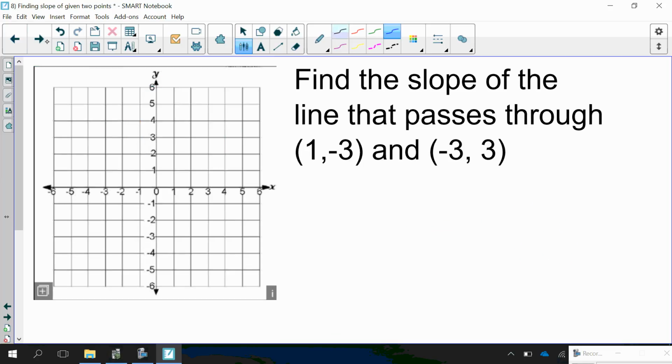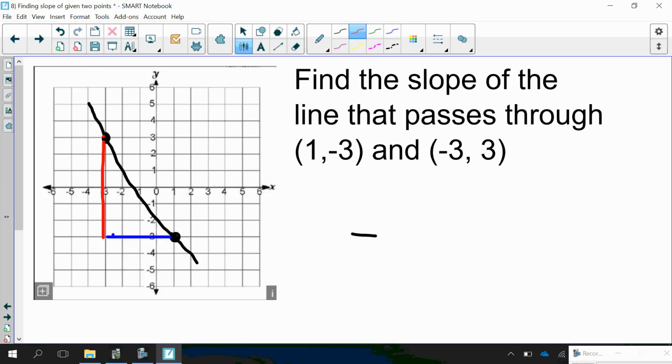Let's try another one. Find the slope of the line that passes through 1, negative 3 and negative 3, 3. Let's draw a line through them. That is a negative slope. Let's make my rise and my run.